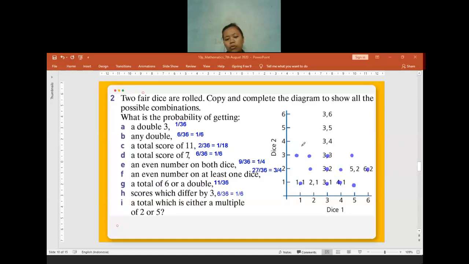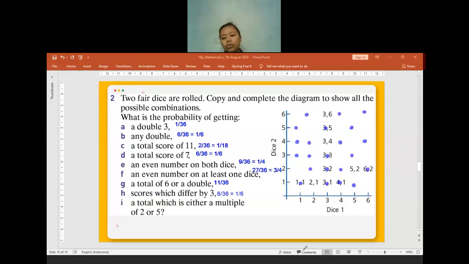And then 1,4. 2,4. And then 4,4. 6,4. And then 1,5. And then 3,5. And then 5,5. And then 6,2. And then 4,6. And then 6,6. So we count how many dots we have.